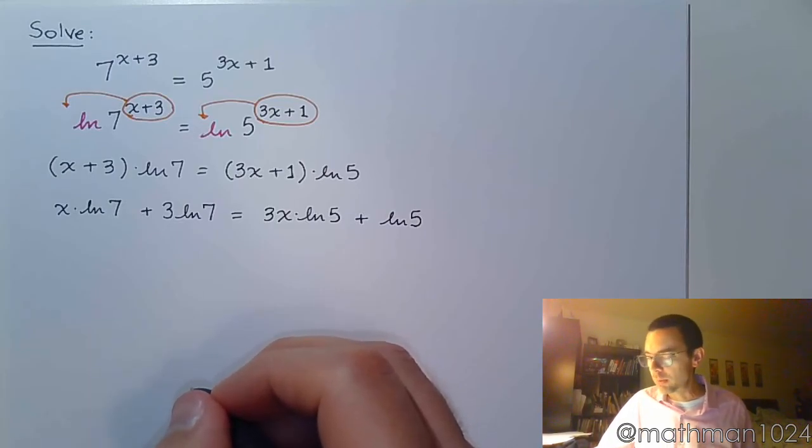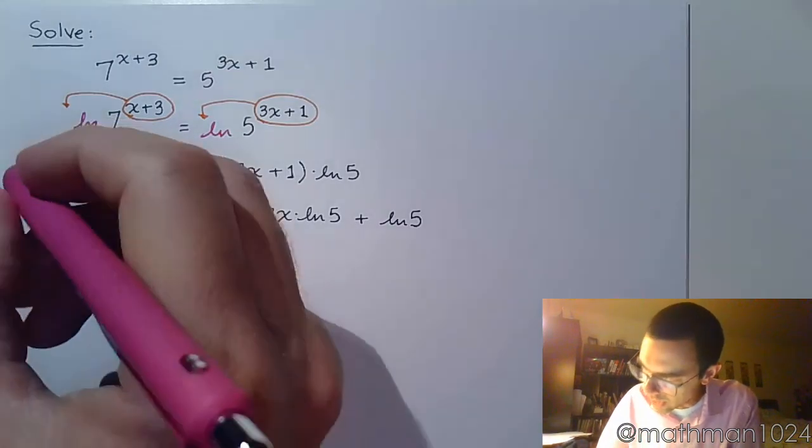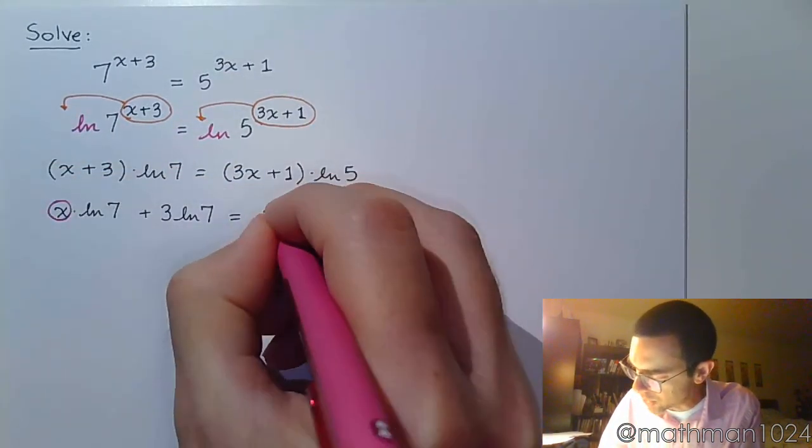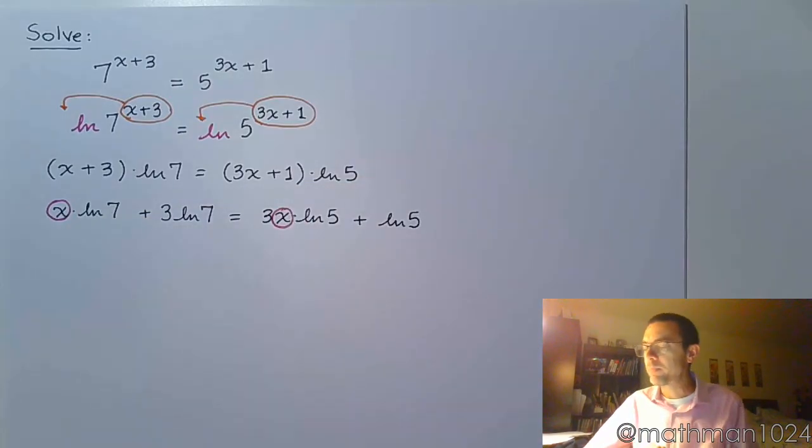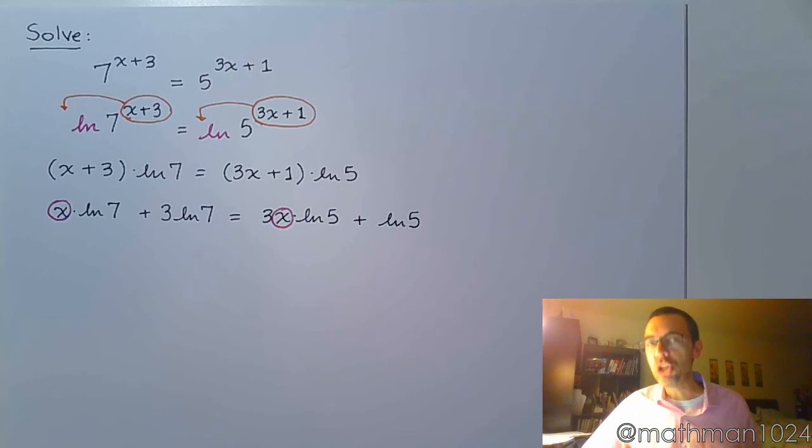What we need to do right now, and this is going to be a common trick that we play a lot in algebra, when you have x in 2 different pieces and you're trying to get x by itself, anything that has x needs to go on one side of the equation. If you don't have x, you go on the other side. This isn't really new, it's just going to look just a little bit differently here with these logarithms and the exponentials.